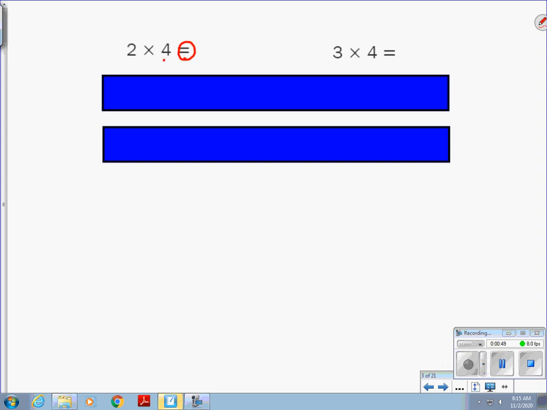All right, so our other factor is 4, so if we double that, 2 times 4 is 8. So how can we use 2 times 4 to help me with 3 times 4? We know here we had 2 groups of 4. Here we're just going to add another group. So 3 times 4 equals 12.